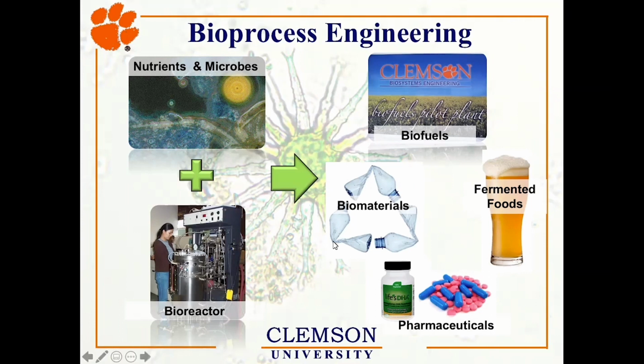In the example of the biomaterials, the degradable plastics like PLA biopolymer is indistinguishable from a petroleum based plastic, yet it doesn't rely on fossil fuels and it will biodegrade.